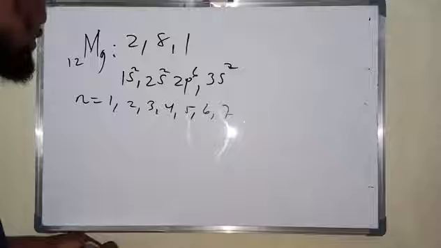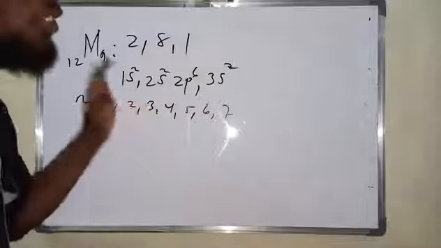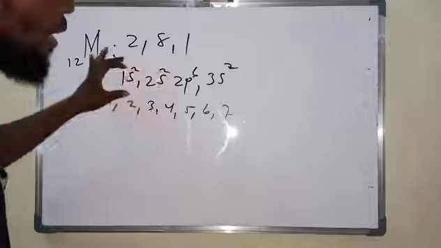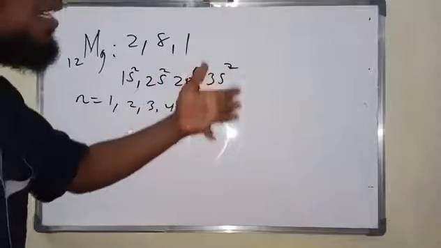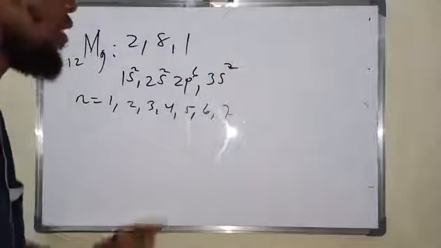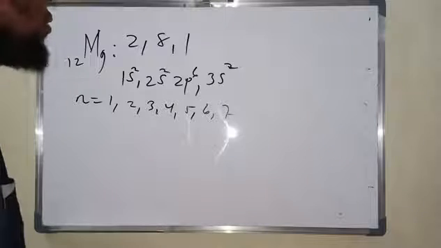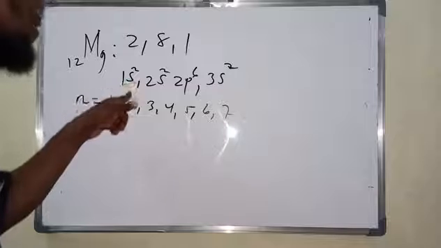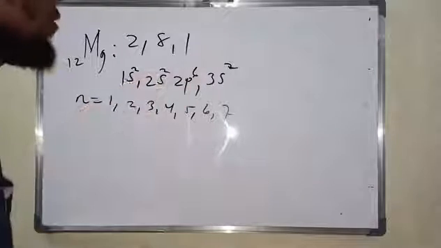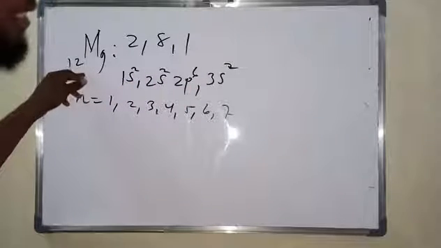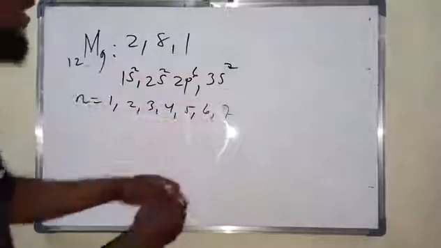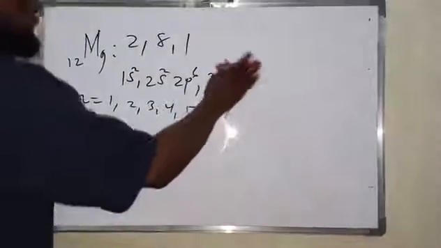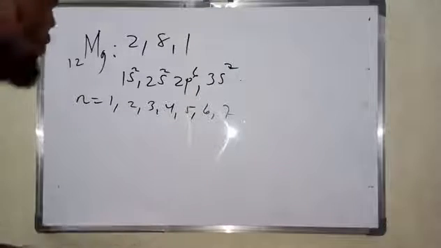In writing electronic configuration using this SPDF method, the orbitals are arranged in order of their increasing energy level. So 2s is at a higher energy level than 1s, and so on. If this were aluminium with 13 electrons, the next would have been 3p1. But this is magnesium, so there's no need going to that.